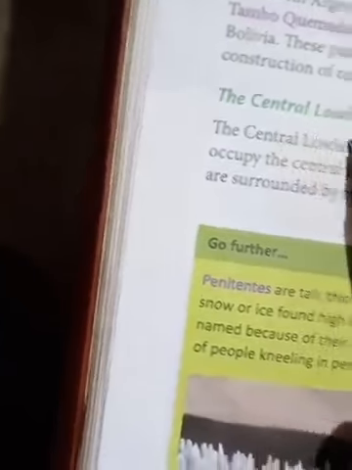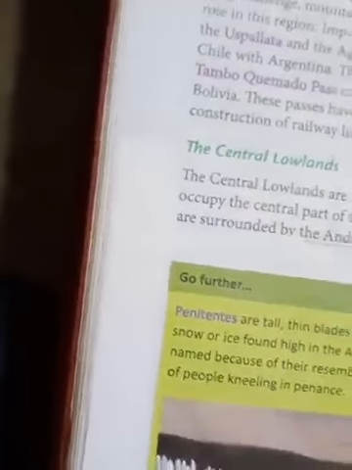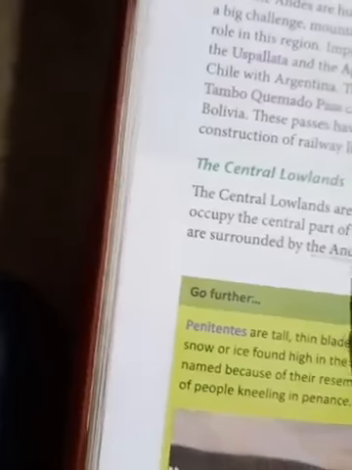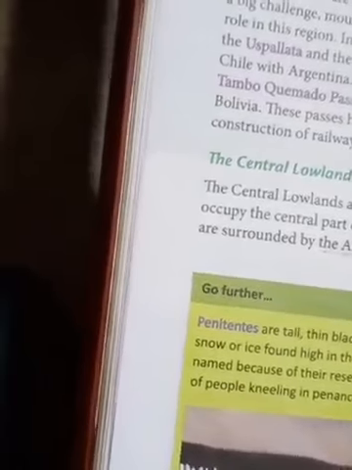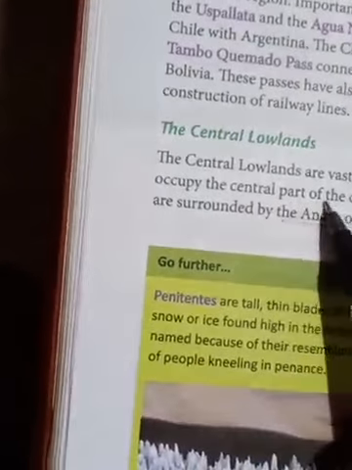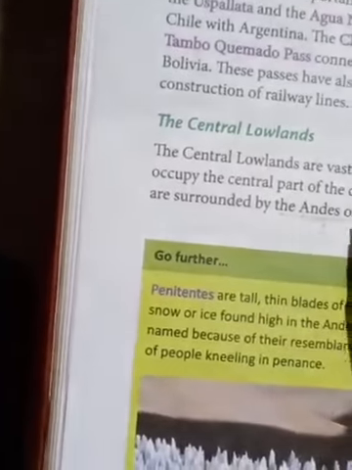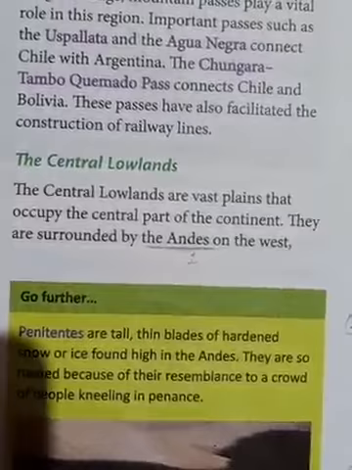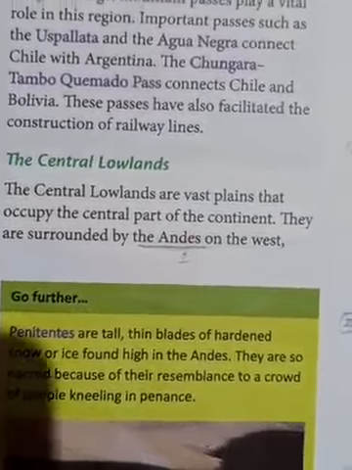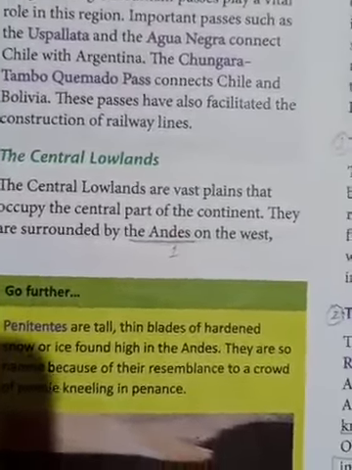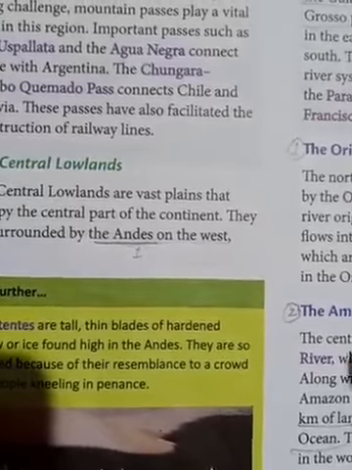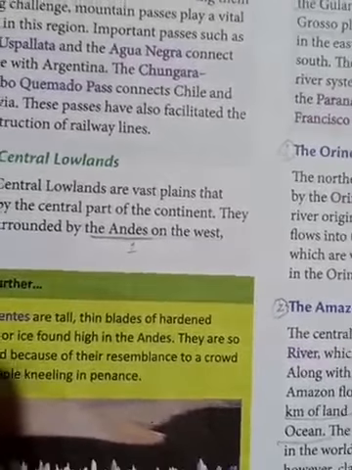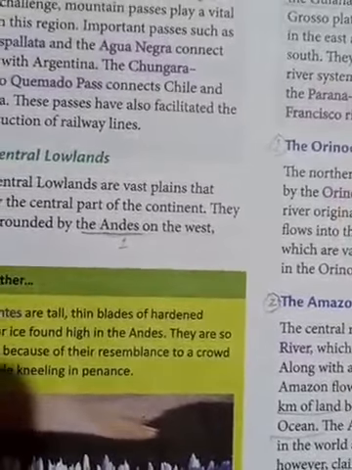Now, after that, the Central Lowlands. The Central Lowlands are the vast plains that occupy the central part of the continent. They are surrounded by the Andes on the west, and the Guyana Highlands, Mato Grosso Plateau, Brazilian Highlands, and in the east, Patagonian Plateau, and they have been formed by rivers: Orinoco, Amazon, Parana, Paraguay, Uruguay, Sao Francisco.